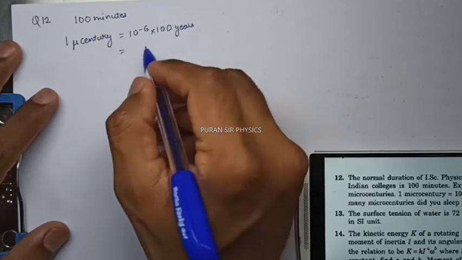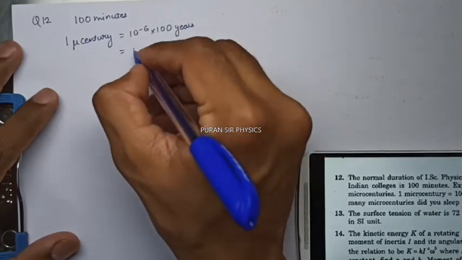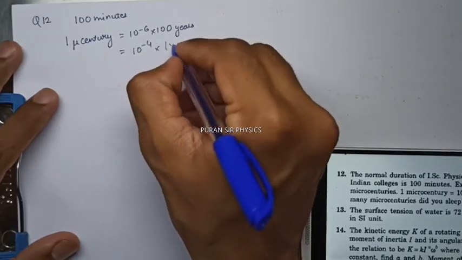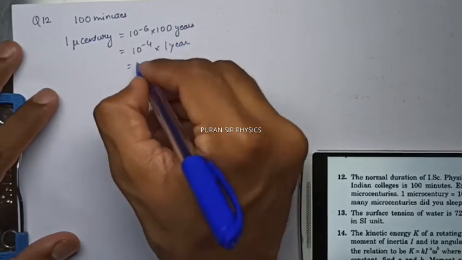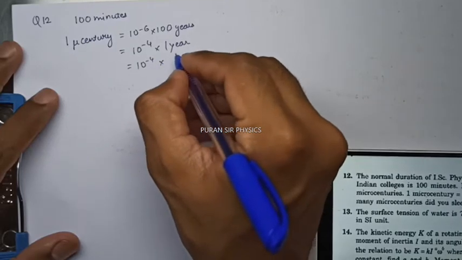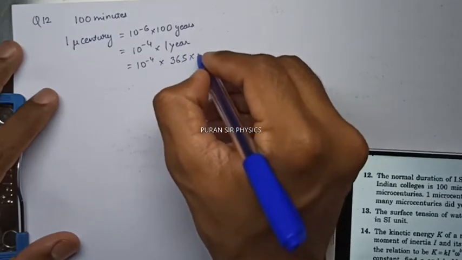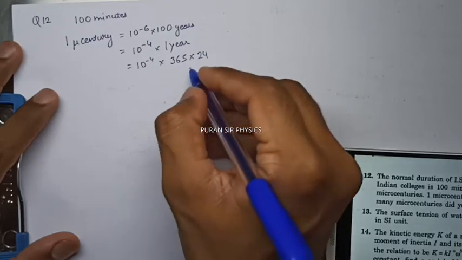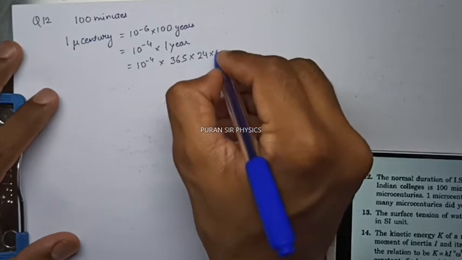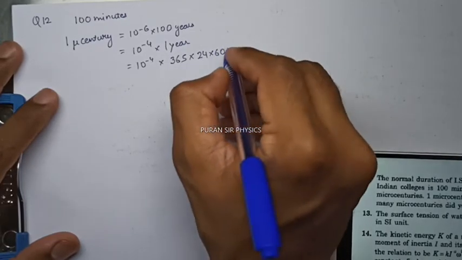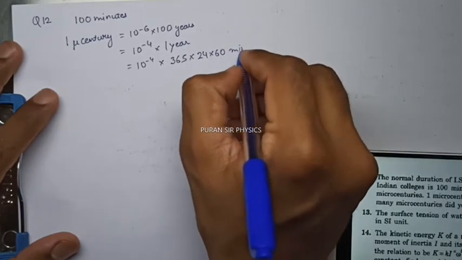How many minutes are there in 1 microcentury? So it will be 10 raised to power minus 4, and then 1 year, we can write this as 365 days and 24 hours per day into 60 minutes. So this gives us your microcentury in minutes.